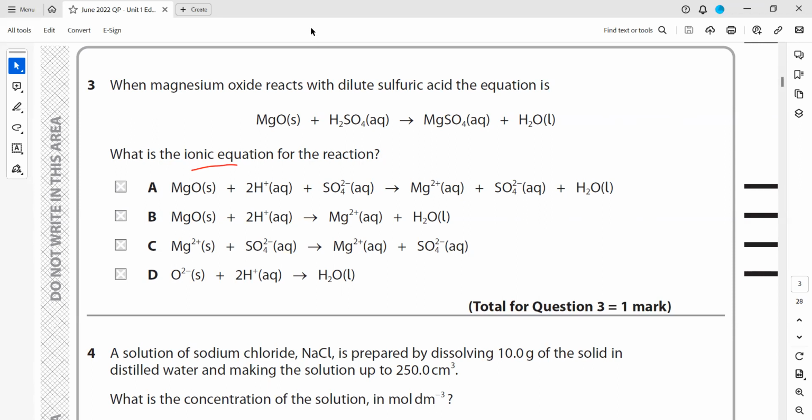We have aqueous sulfate, so we cancel the sulfate ions. The rest cannot be cancelled. Solid, liquid, and gas we write as they are, so it will be MgO plus 2 H+ (aq) gives Mg2+ (aq) plus H2O. So it will be B.